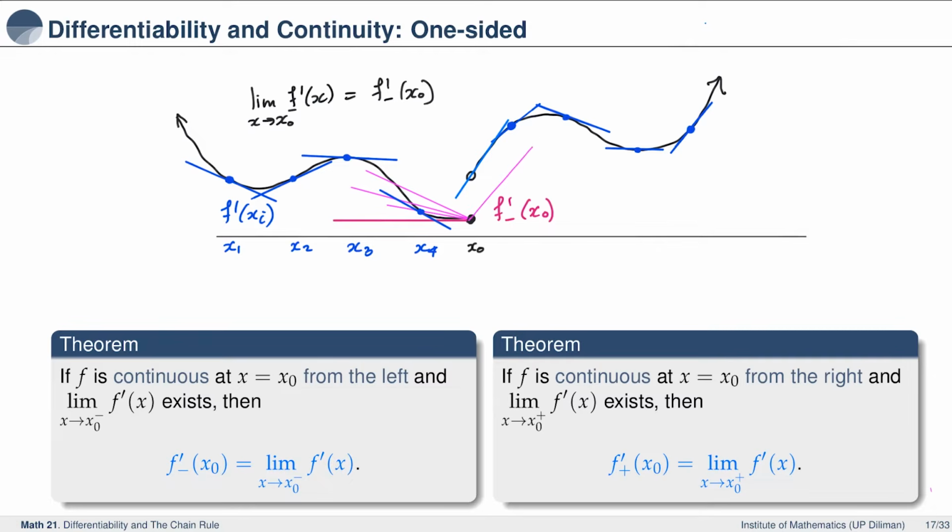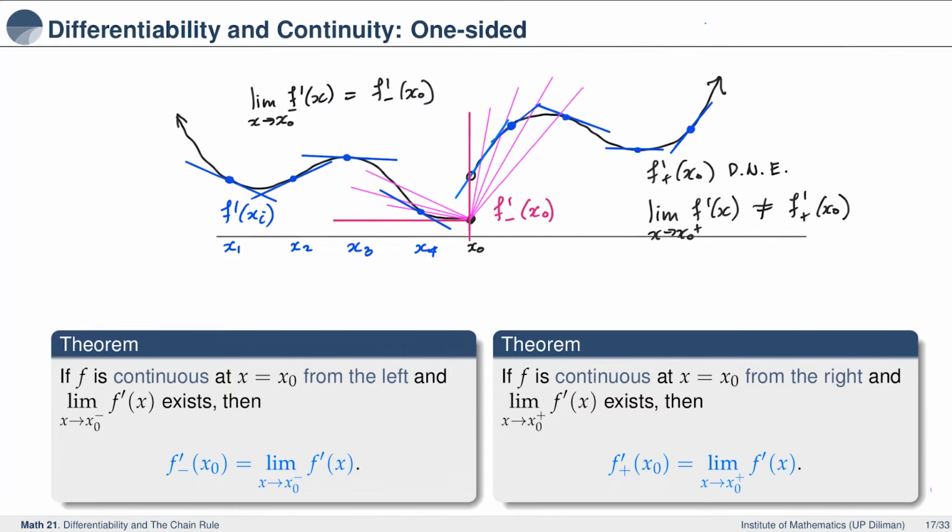However, if we look at the secant lines from the right, this does not go, unfortunately, to that blue line. In fact, what we end up with here is a vertical line, so therefore the right derivative at x naught does not exist. Since they do not go to the same line, the limit of the derivatives as x approaches x naught from the right is not equal to the right derivative at x naught.